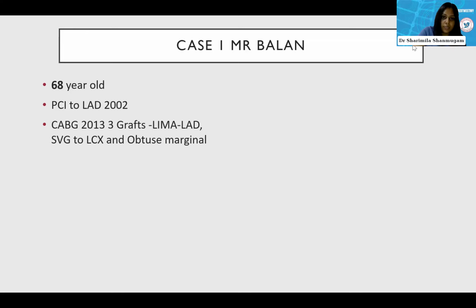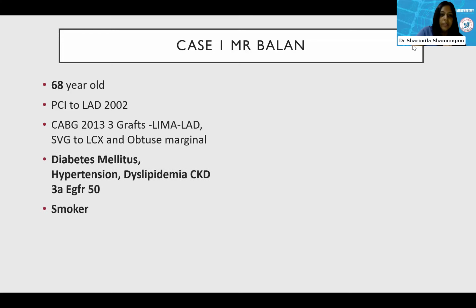He has 3 grafts. We call Lima LAD, that's an arterial graft. Venous graft, he had 2, which is one to the left circumflex and one to obtuse marginal. It's a branch of left circumflex, with detail, but just an idea. So number 3, he has an established coronary artery disease. Now we are looking at his cardiovascular risk factors.